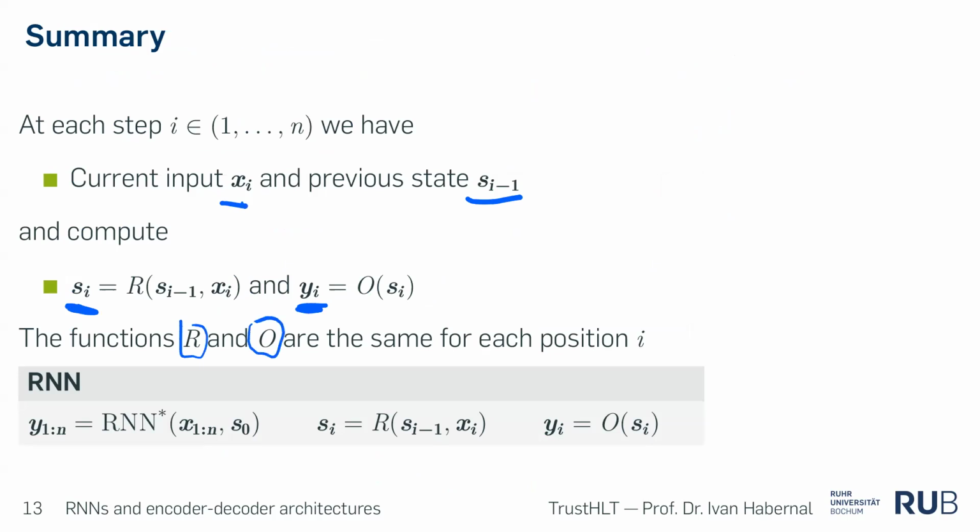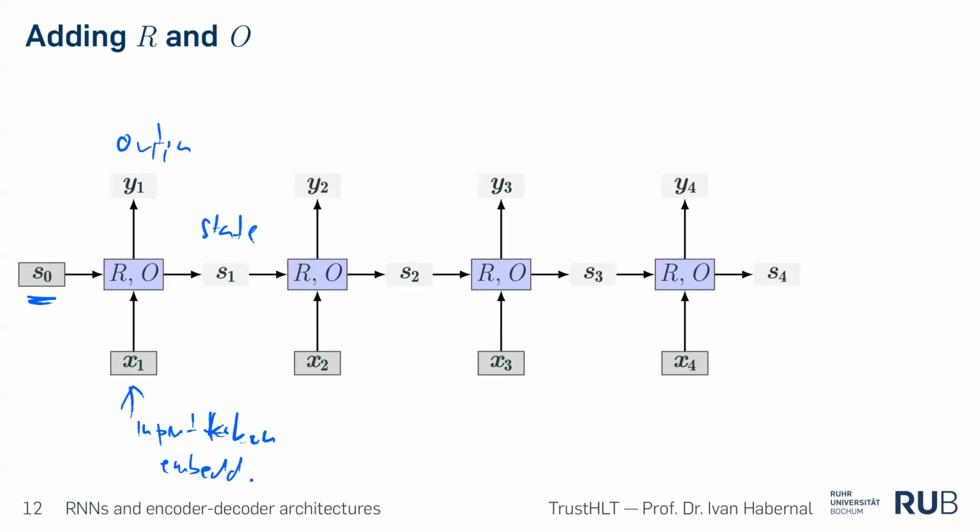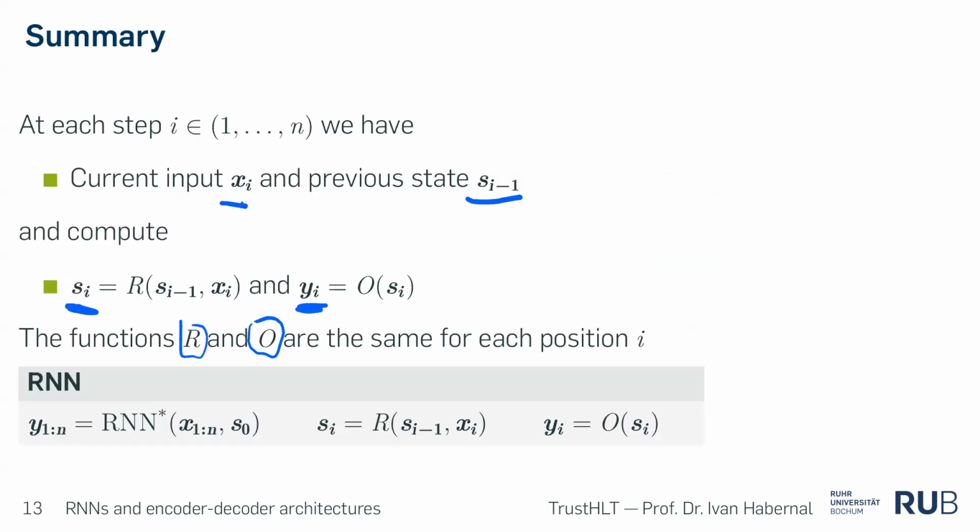This is maybe some sort of simplification, but we want to make it manageable. Because if R and O were different functions for each position, then we would have trouble: if you add a new token, which functions are you going to add? So these are the same functions. They do something in a very similar way. They might have parameters, as we will see later. But these functions are the same for each position.